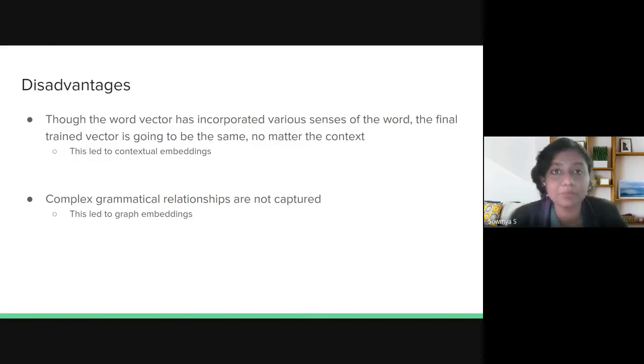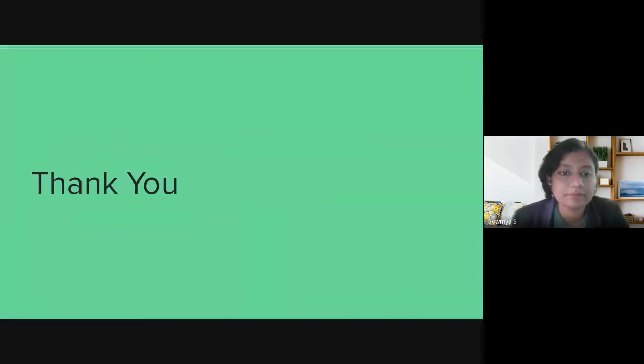So if I input a dependency graph, how do I convert it to a vector? And how do I augment my deep learning network? We'll be touching upon these as well in the course, but not as detailed as we have seen word2vec.